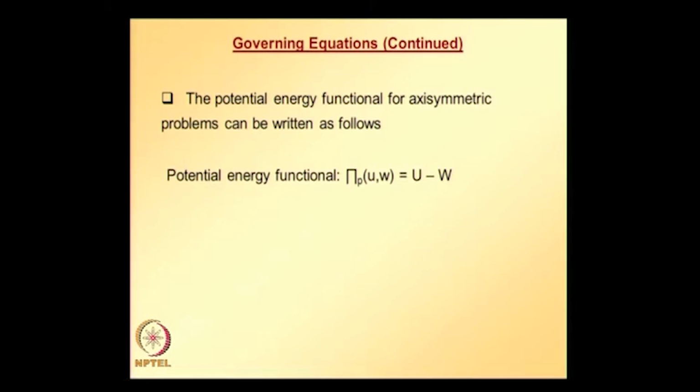The potential energy functional is defined like this, U minus W. I guess by this time you can easily understand what U and W stand for, but for completeness it is given here. U is the strain energy, W is the work done by the applied forces. So, now we need to see how to calculate this strain energy and work done by the applied forces for axisymmetric problems.